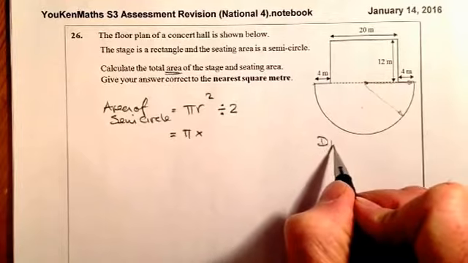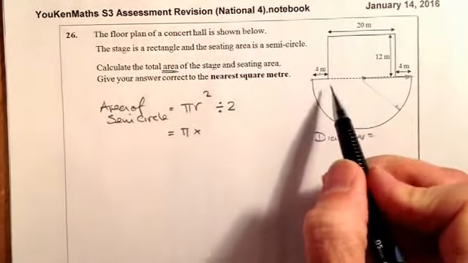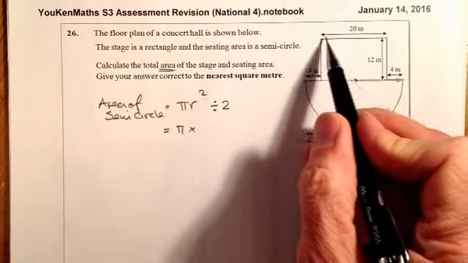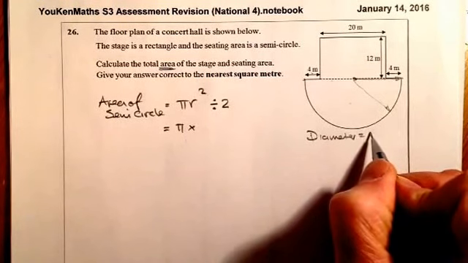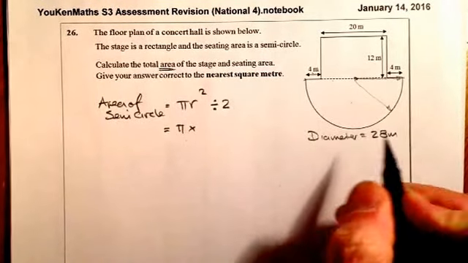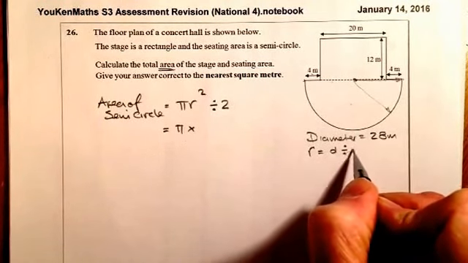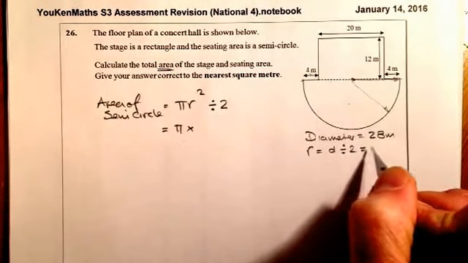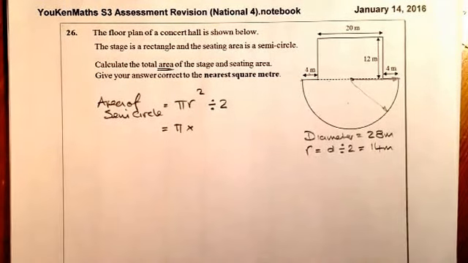So my diameter is going to be equal to 4 plus that distance from there to there is 20 plus another 4. So that's going to be 28 metres. So my radius is going to be equal to the diameter divided by 2, which is just half of 28, which gives me 14 metres.